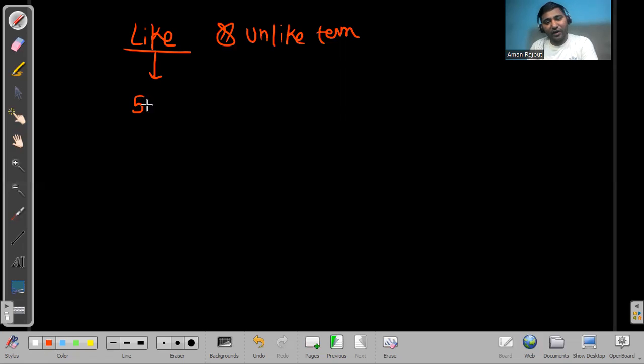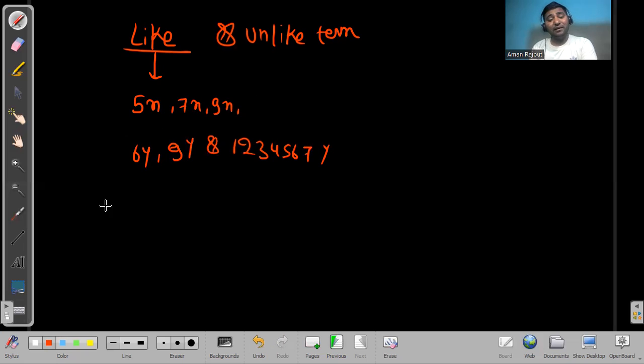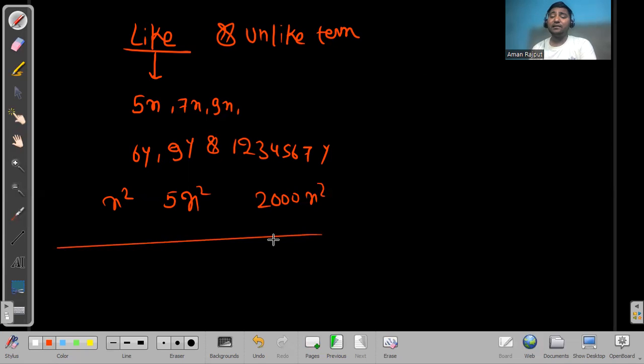For example, 5x, 7x, 9x; 6y, 9y, 7y; x square, 5x square, 2000x square, anything.